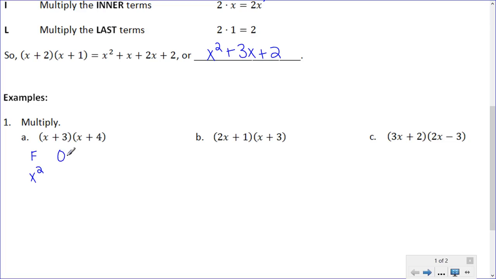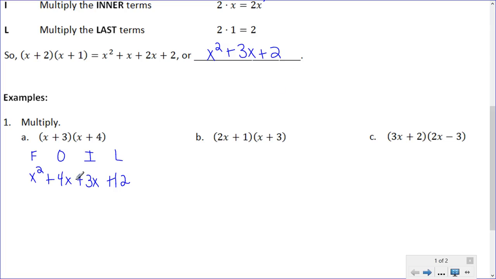And then O is the outer terms. So x and 4. X times 4 is 4x. And then I for the inner terms. That's these two. 3 times x is 3x. And then L for the last terms. The last one here is 3, the last one here is 4, and 3 times 4 is 12.